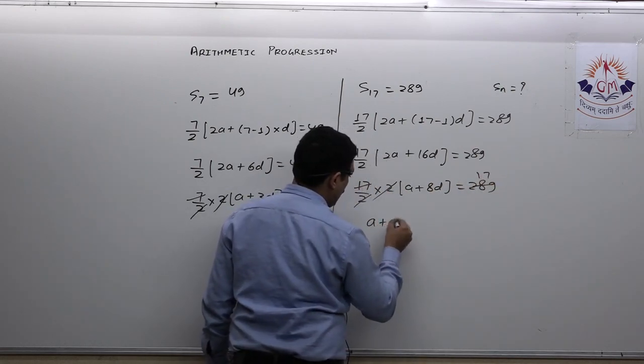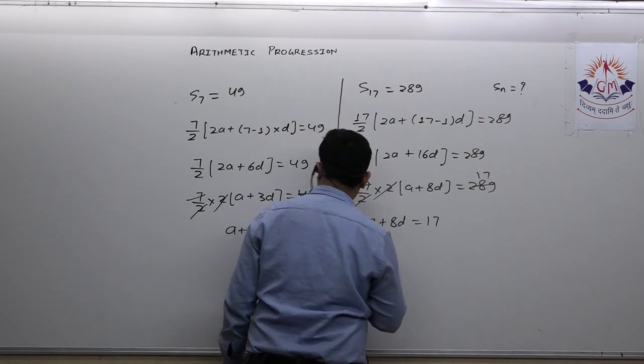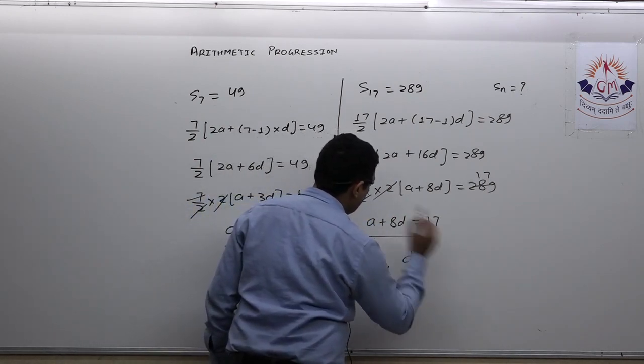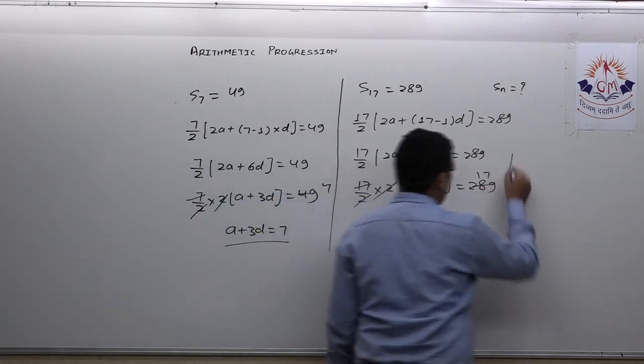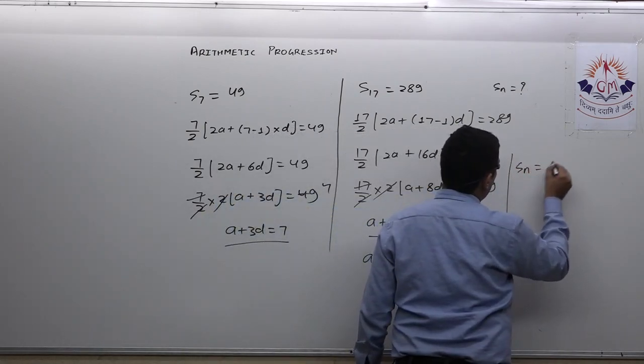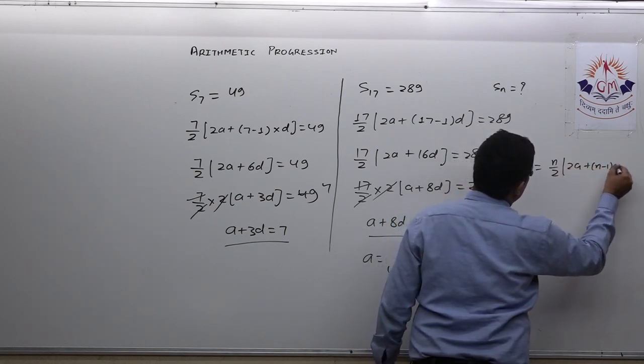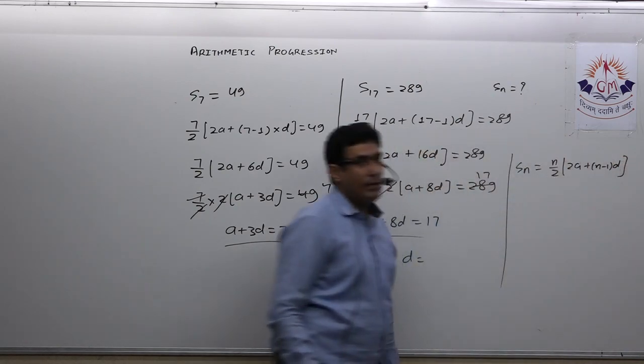So a plus 8d is equal to 17. Now with the help of these two, I will get a as well as d. And after getting a and d, I will put the values of a and d in this formula, n by 2 (2a plus (n minus 1) into d). So I will get Sn.